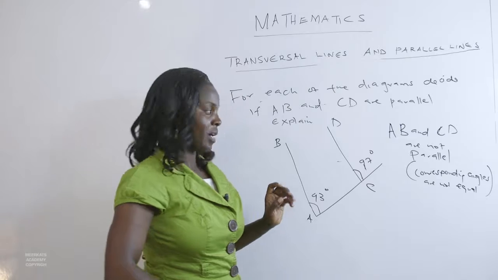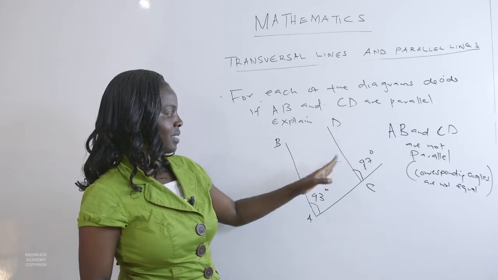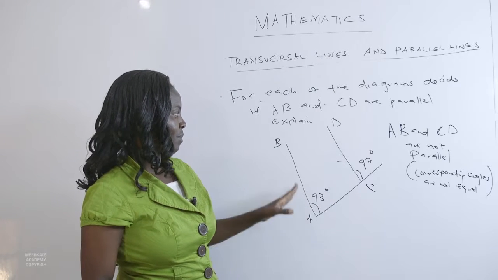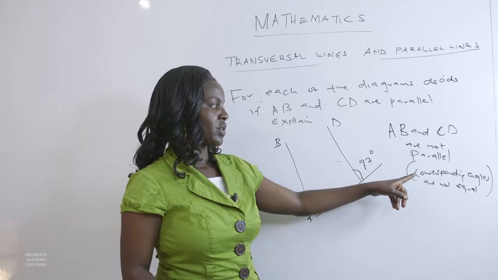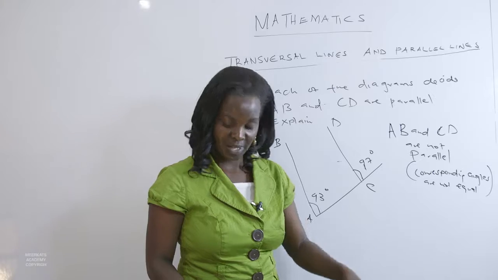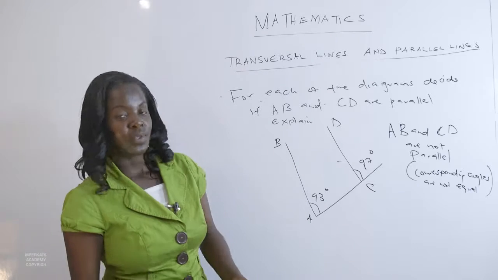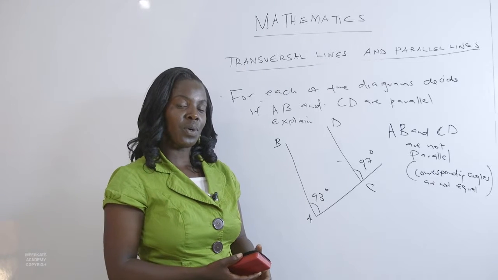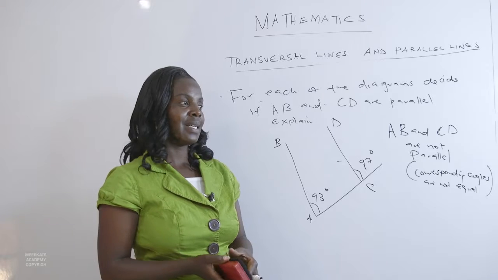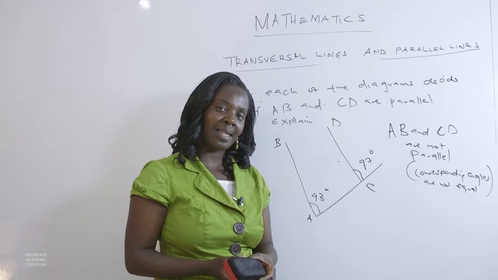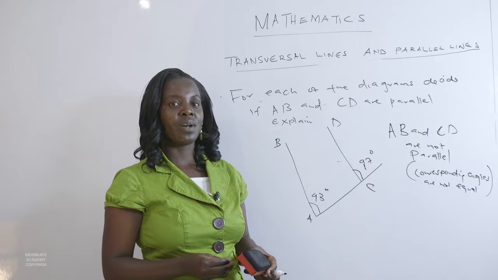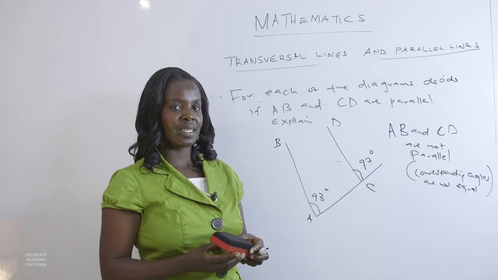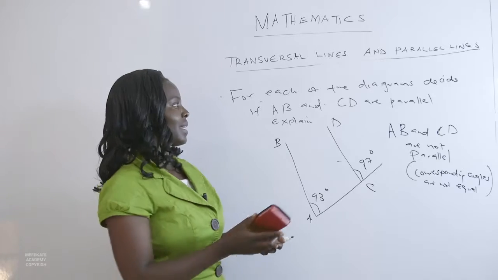So AB and CD are not parallel because the corresponding angles are not equal. So then you can know whether the two lines are parallel by looking at the corresponding angles, whether they are equal, alternate angles, whether they are equal, or co-interior angles if they are supplementary.